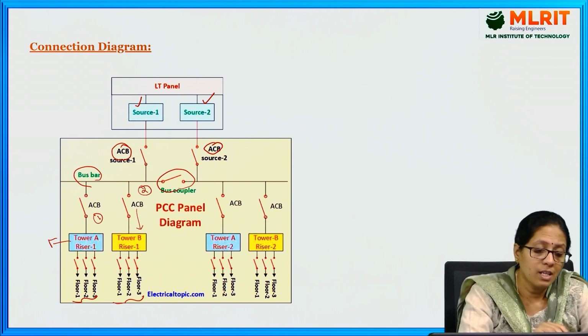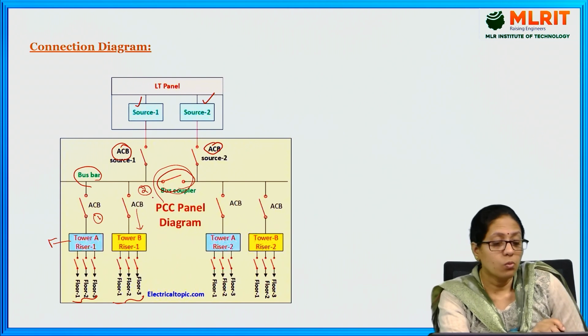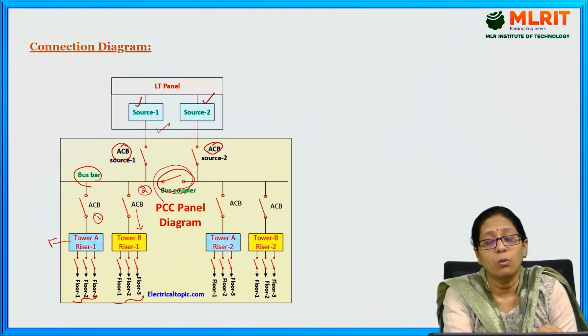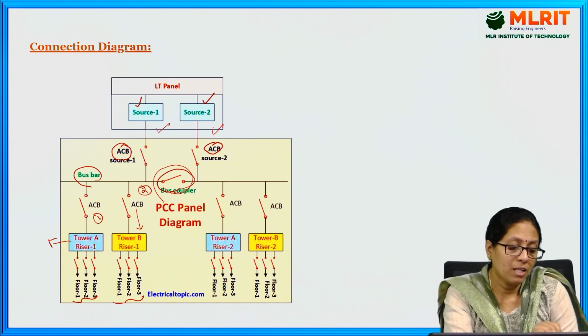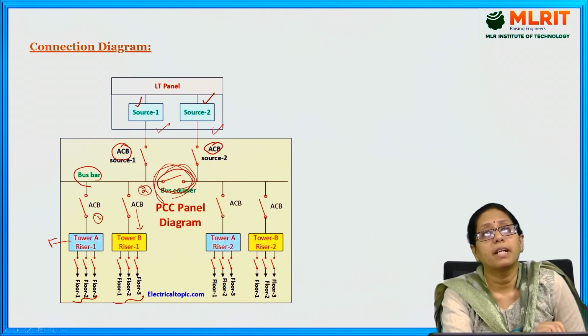That means source 1 and source 2 are connected in this bus bar by using a switch. So when source 1 is shut down, from source 2 also we can take the power by using this switch. So for emergency purposes, this switch is connected here.